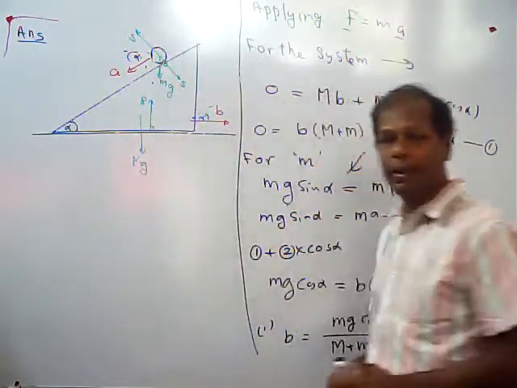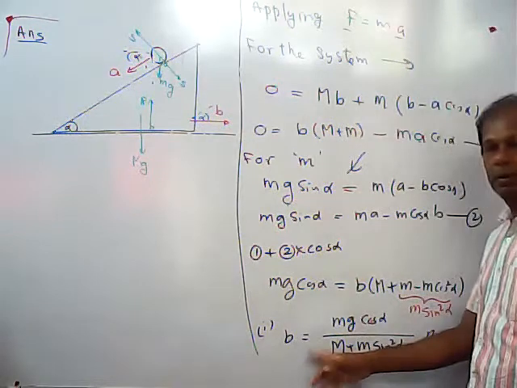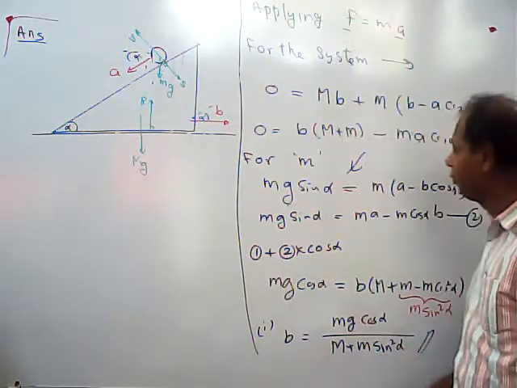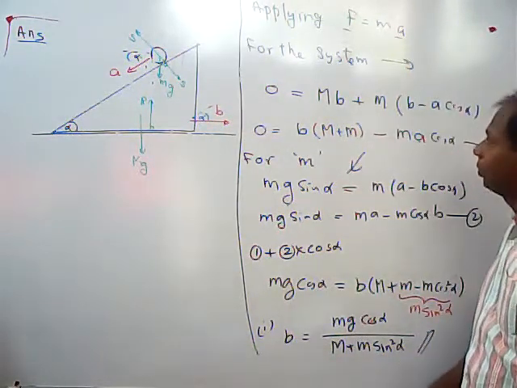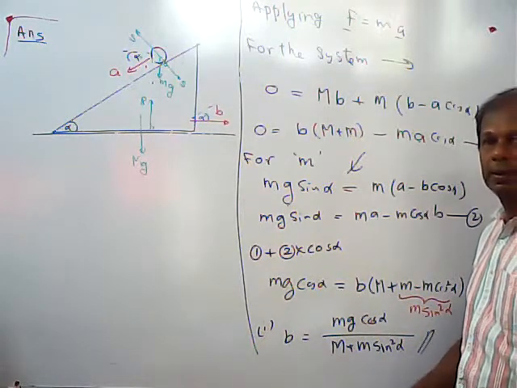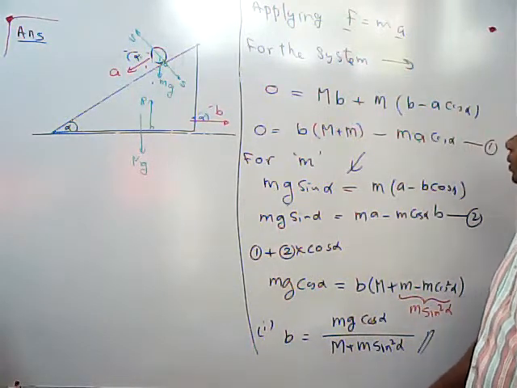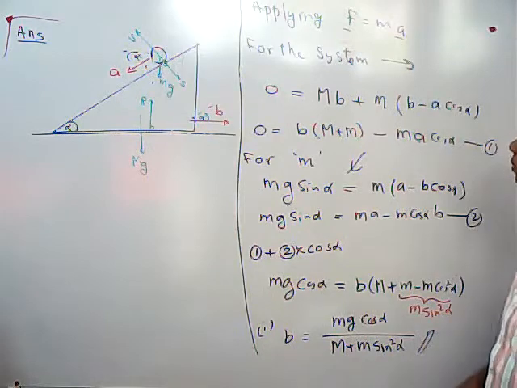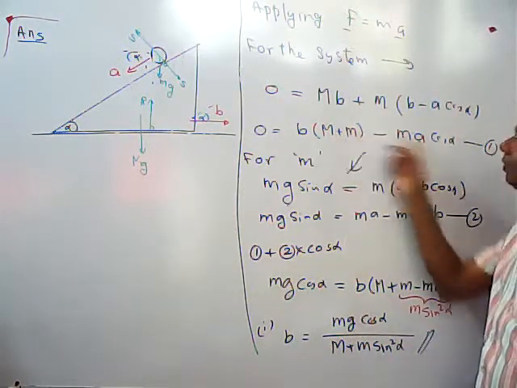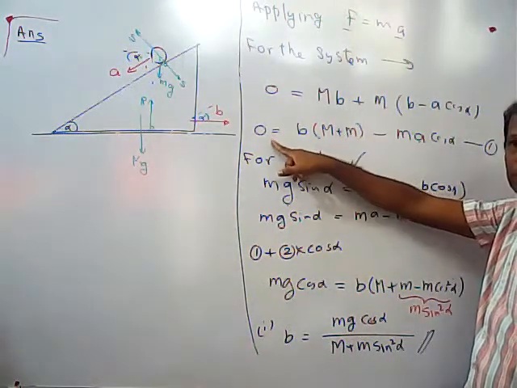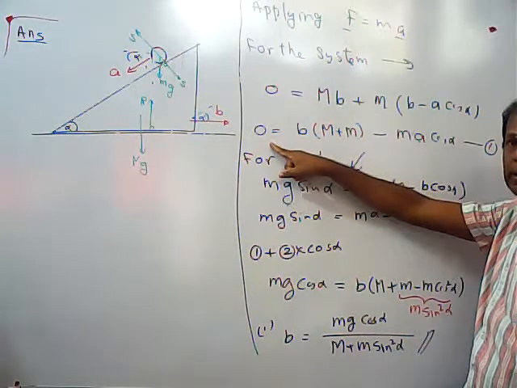Now we need to find A. We got an answer for B. What is the best thing to do to find A? Here in this equation, the left hand side is 0, so you can take advantage of that.